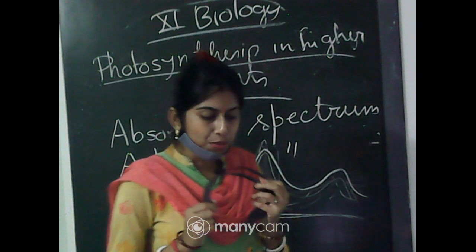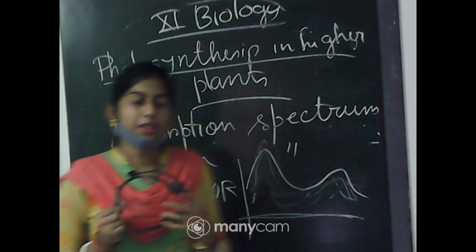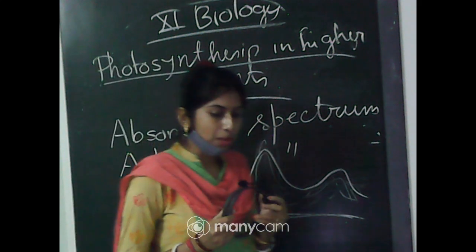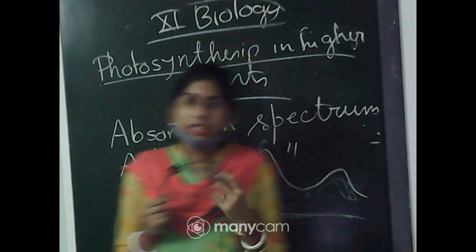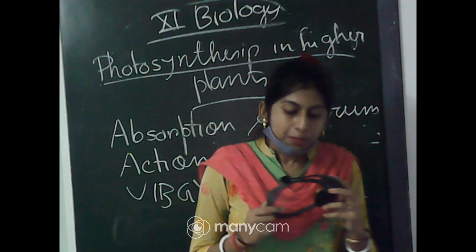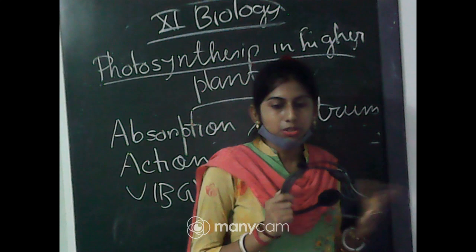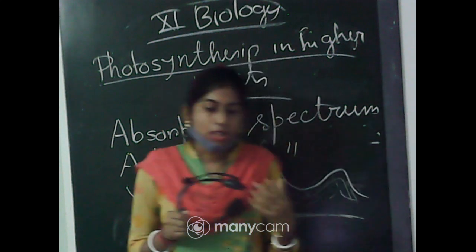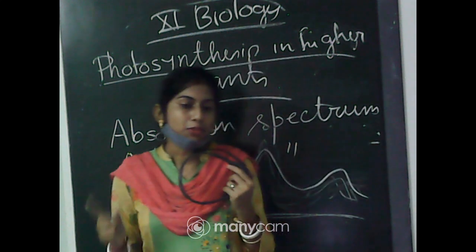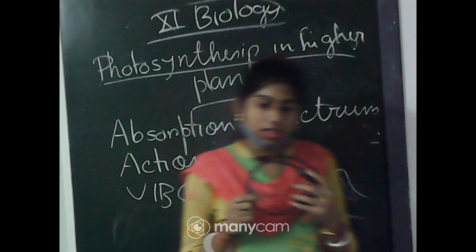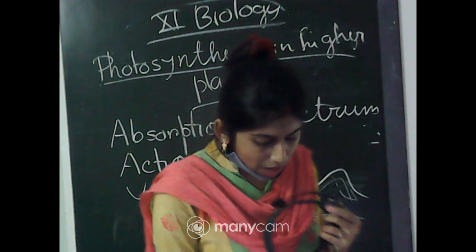So if we superimpose this action spectrum and absorption spectrum, we will get this type of two graphs, and particularly near about 480 and near about 680, which are the blue and red light, you can see the highest peak only in these two particular regions.